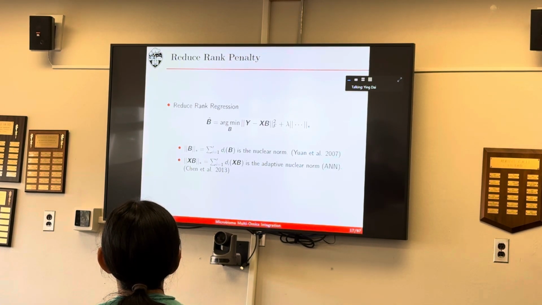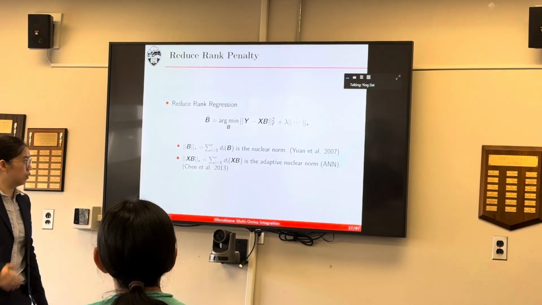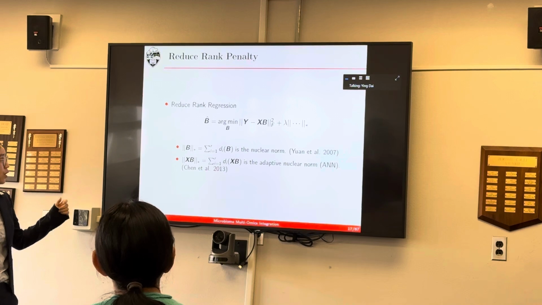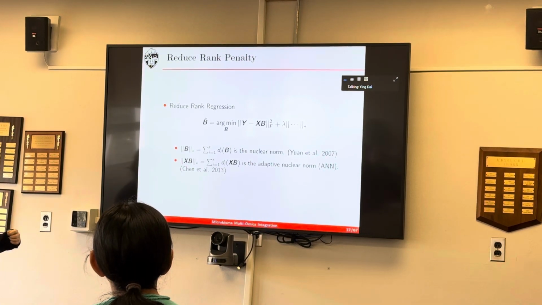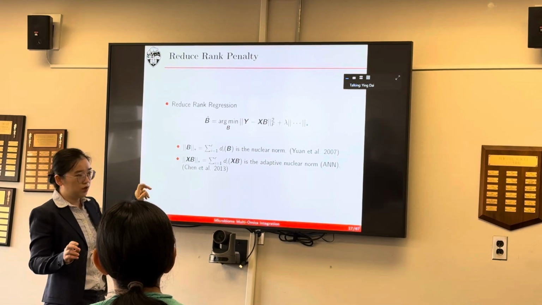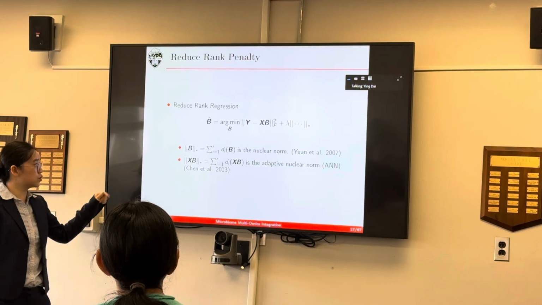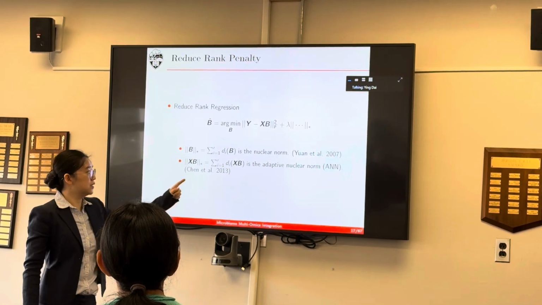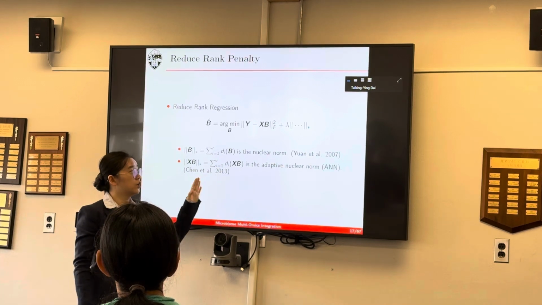As we mentioned before, regularization methods are involved in both projects, and for this project we specifically pick the reduced rank penalty. There are two types of rank penalty for us to choose from. The first one penalizes the singular values of B, which is called the nuclear norm.